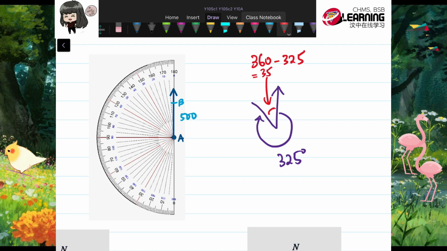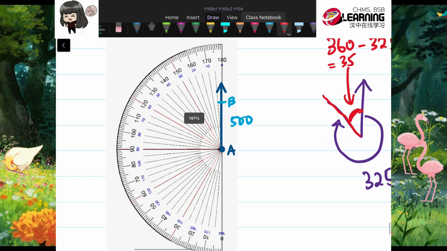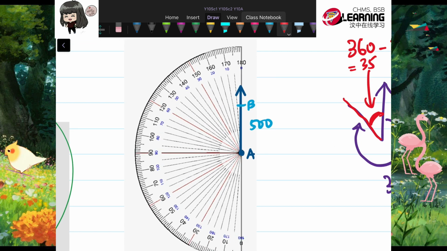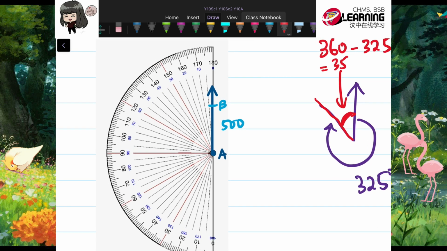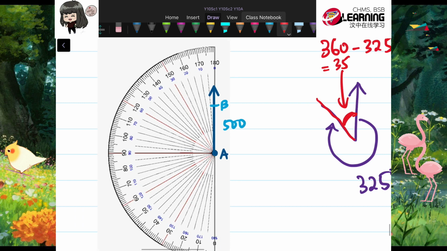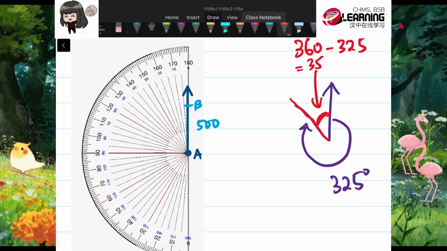We just need to measure 35 degrees here and draw a line like that. This is my protractor. I measure 35 degrees. You look at here, 0, 10, 20, 35, so it's here in the middle. So 35 like that.